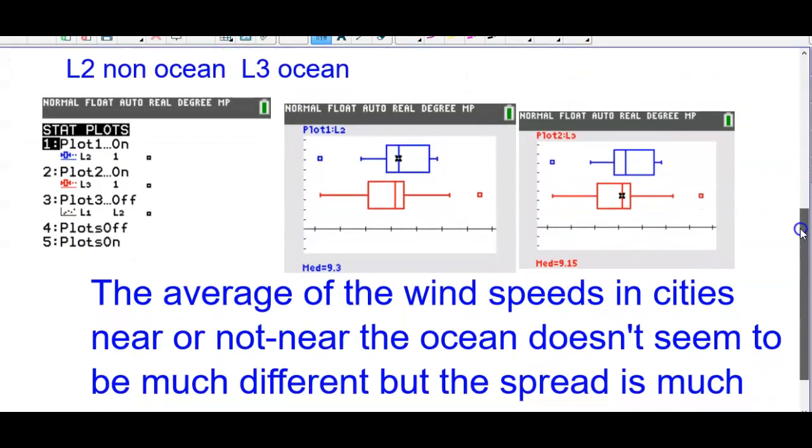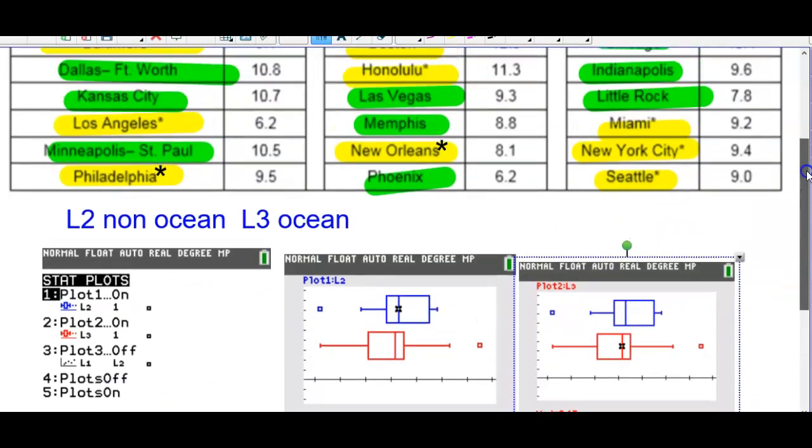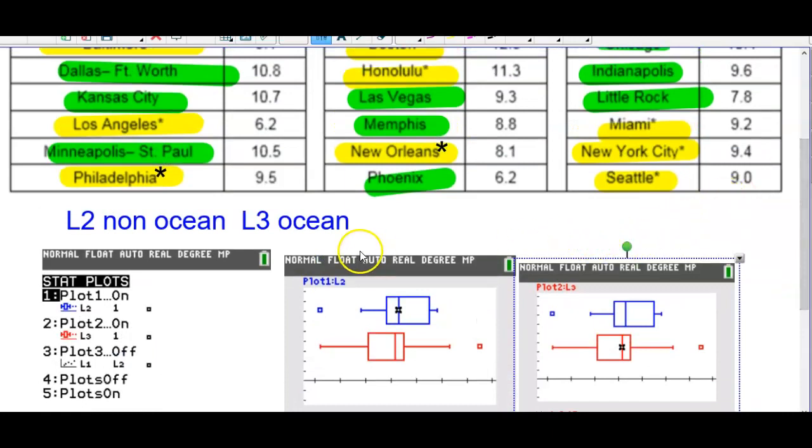So I went down here and I said the average of the wind speeds in cities near or not near the ocean doesn't seem to be much different, but the spread is much wider for cities near the ocean. So here, they're far more spread out than here. Even if we ignore the 2 outliers, it doesn't really do much other than accentuate that this is far more spread out. And I messed around with this a little bit and tried throwing a couple cities out and it didn't do much.